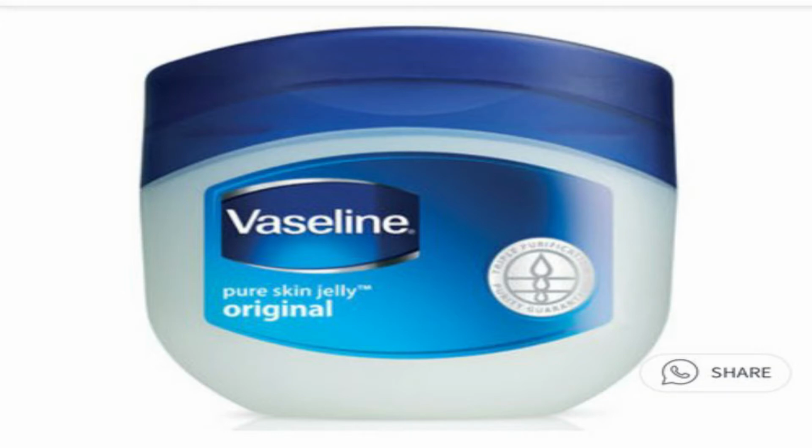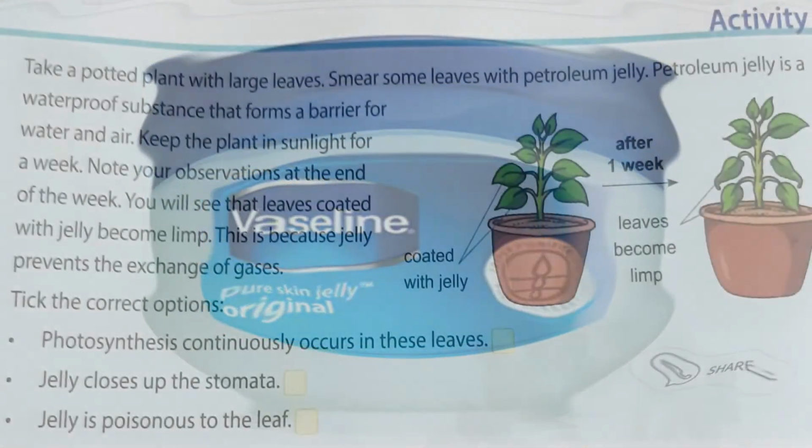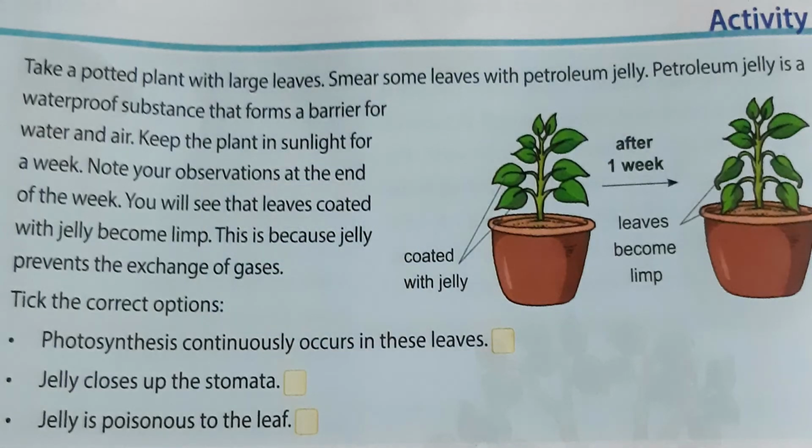It is a waterproof substance that forms a barrier for water and air. That is, petroleum jelly does not allow the leaf the exchange of gases. That means it does not allow the leaf to take in carbon dioxide and give out oxygen because the stomata are covered with the petroleum jelly.